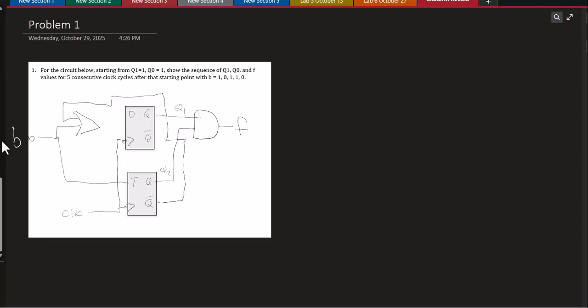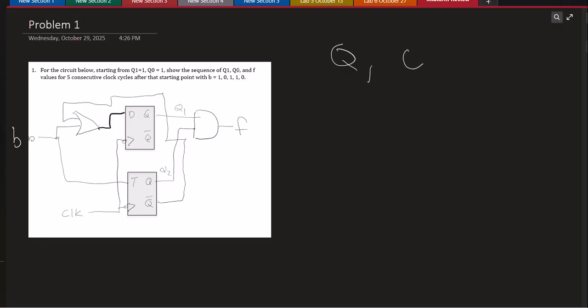Okay, so we have, and I should have drawn this. Q1, oh, it says up here Q1 and Q0, but I've got Q1 and Q2 in my diagram.